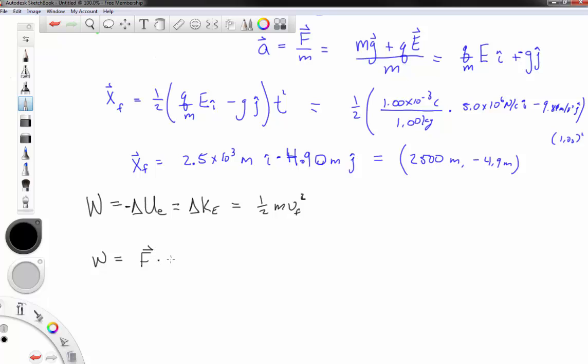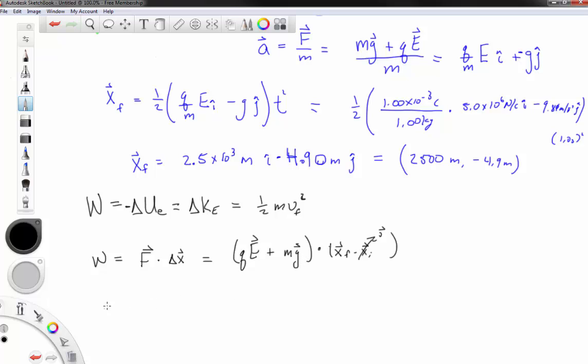So this is equal to basically F dot delta x, which in this case looks like q times E plus m times g, dotted with the difference between x final and x initial. Since this term is actually 0, we can do like that.